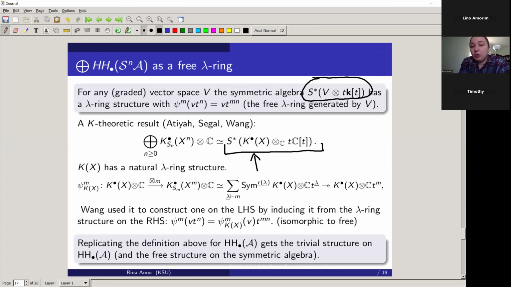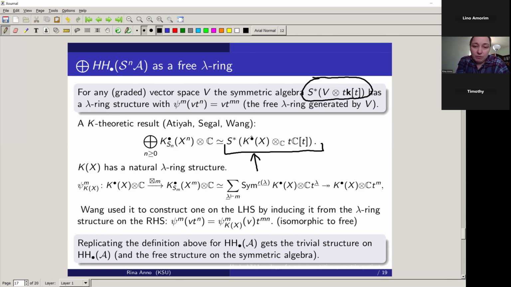And this is going to be isomorphic. So the lambda ring structure that we get on this symmetric algebra using the lambda ring structure of the K-theory is isomorphic to the free structure.